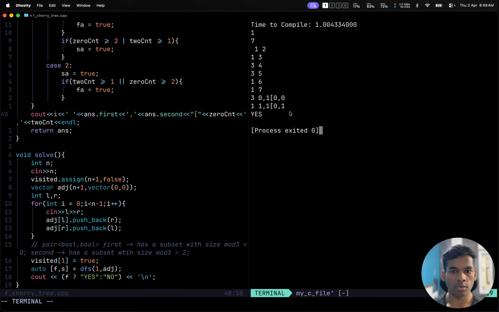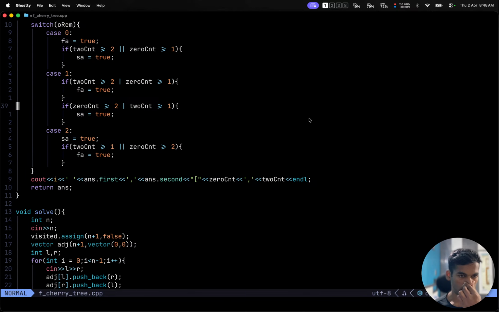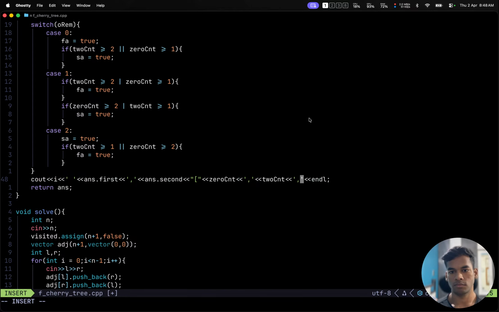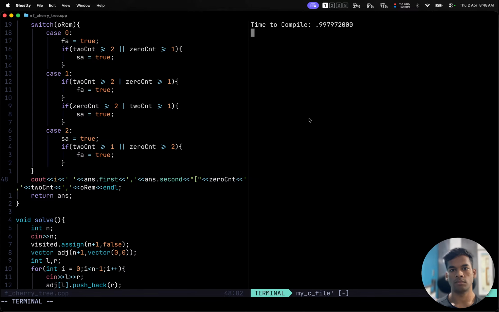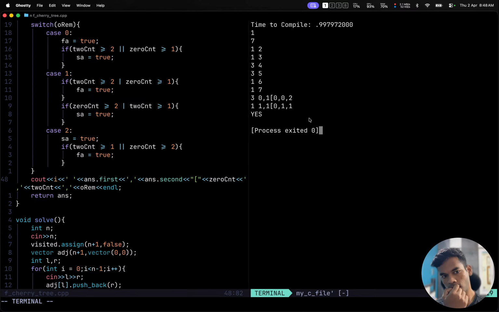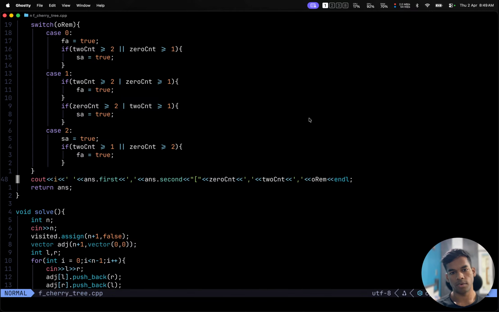Yes, 1 0 count is this and 1 count is this, and the remainder. Then what is ORM? ORM is also 1.